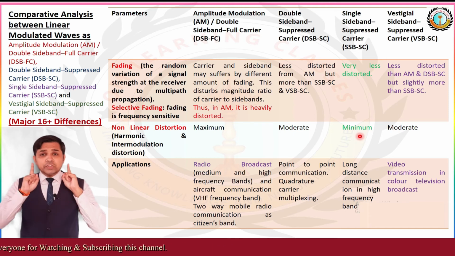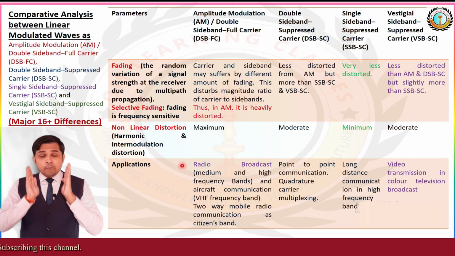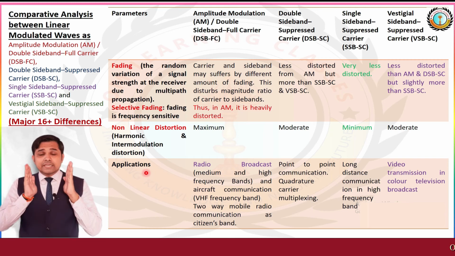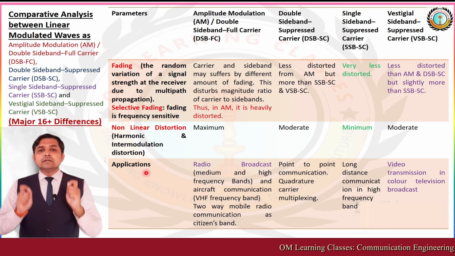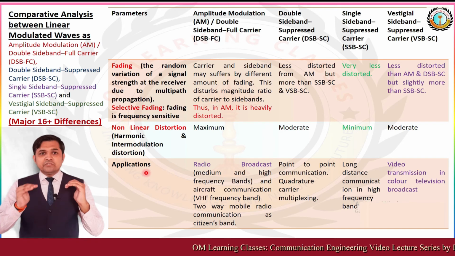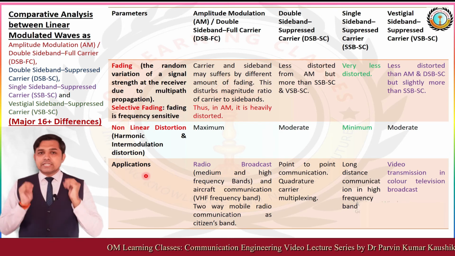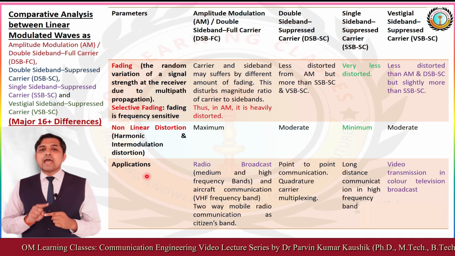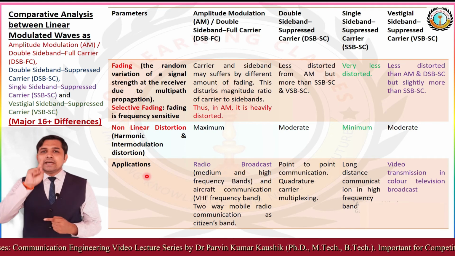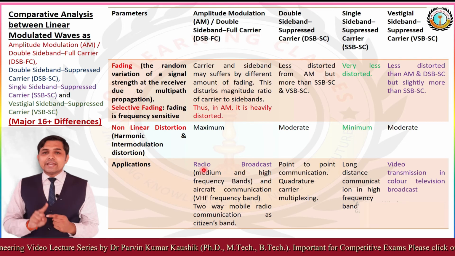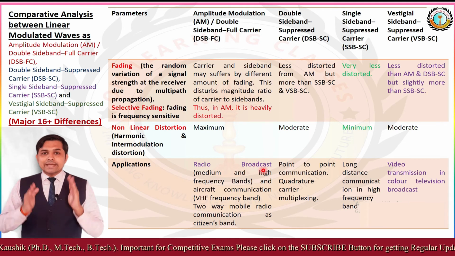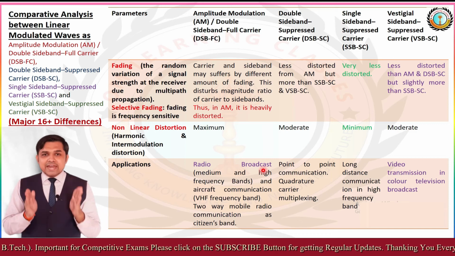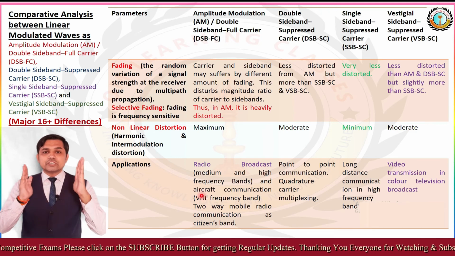We covered all the factors that are important for giving the comparative analysis between linear modulation schemes. Now we have the application scenario. As per application scenario, AM or DSB full carrier has application in radio broadcast and aircraft communication.